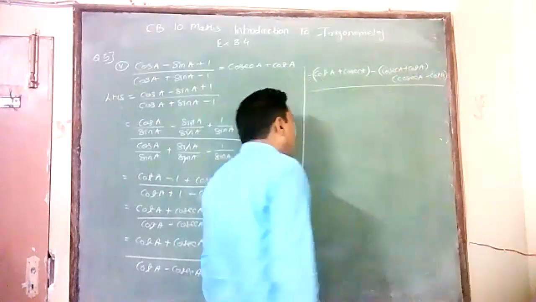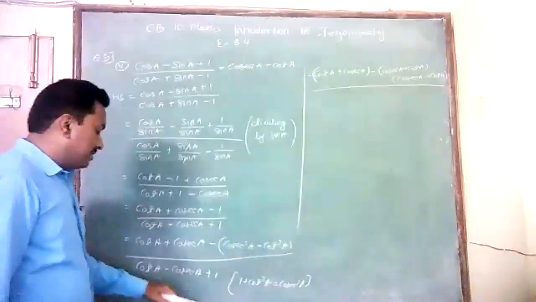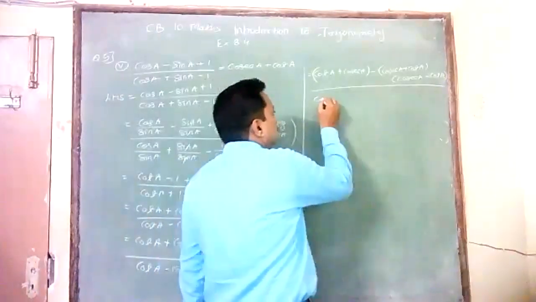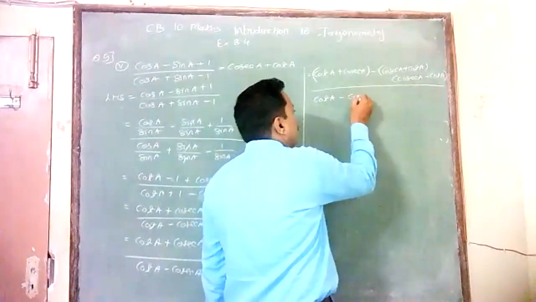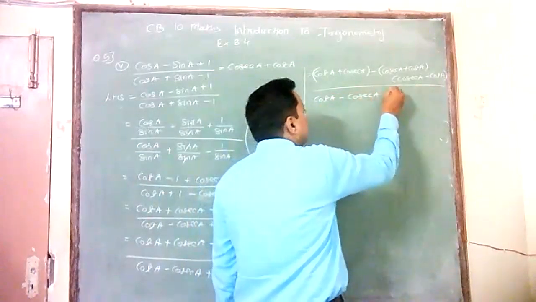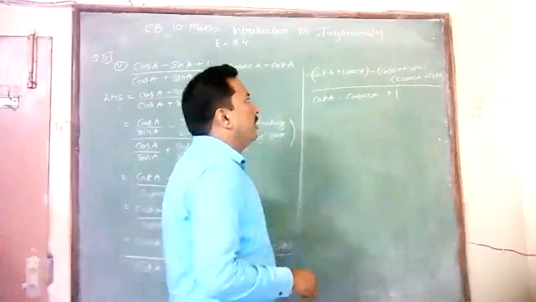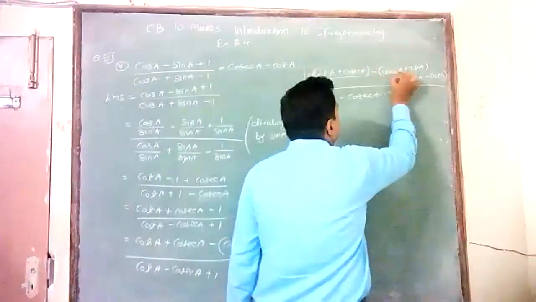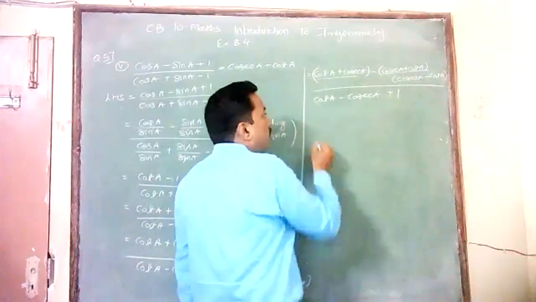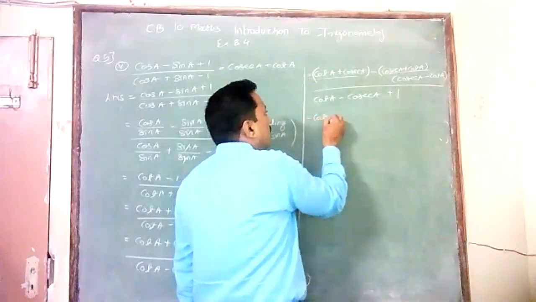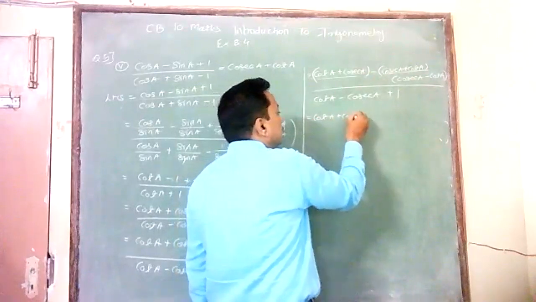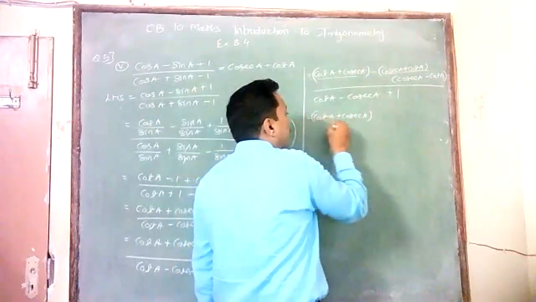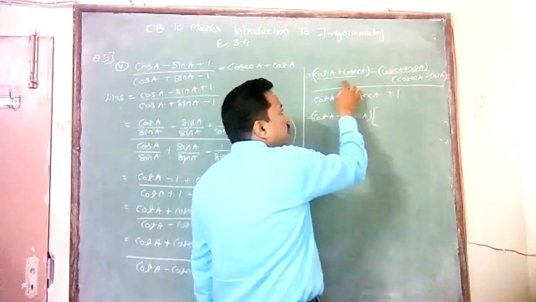Numerator, denominator as it is: cot a minus cosec a plus 1. See numerator, either side of minus sign, this bracket is same. Take common cot a plus cosec a. Bracket common आता है, यानी यहाँ पे कुछ नहीं है तो 1 है.